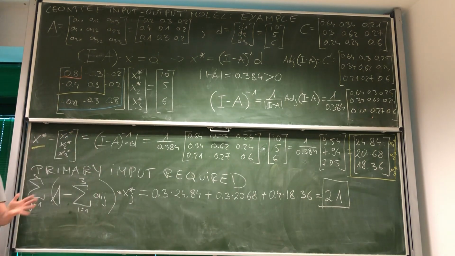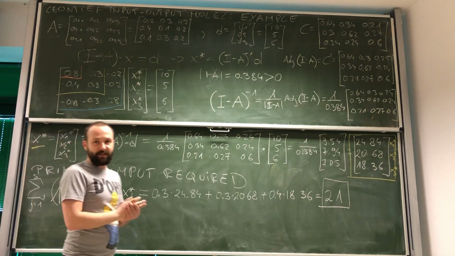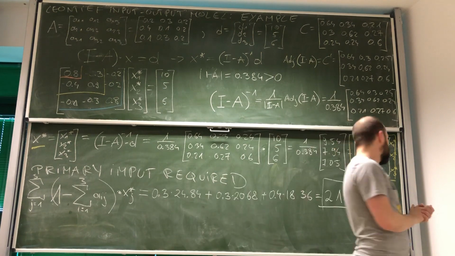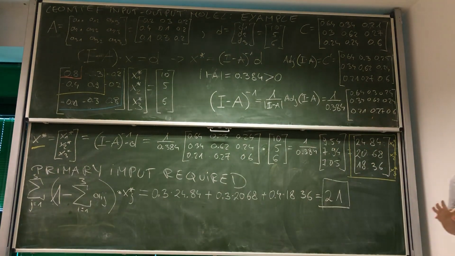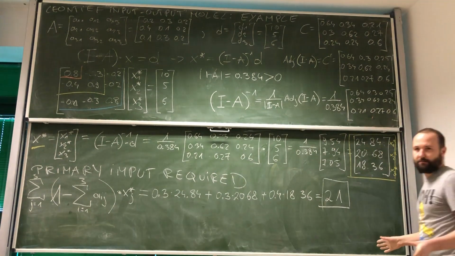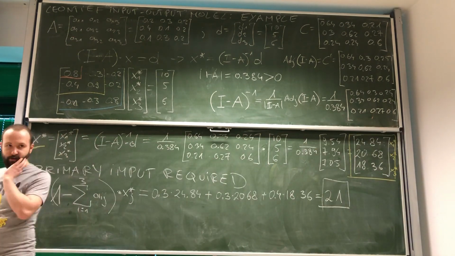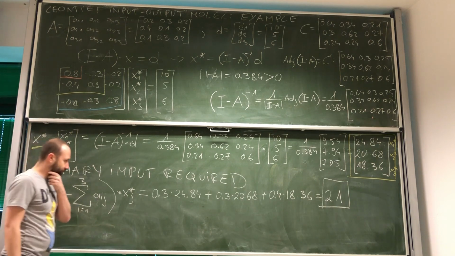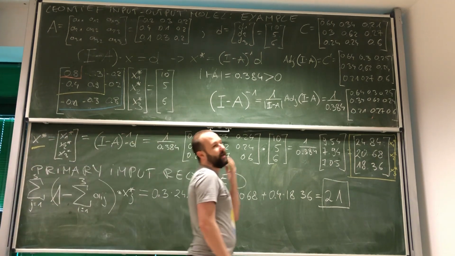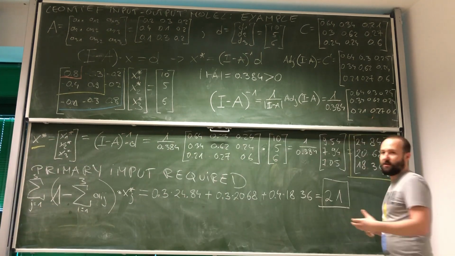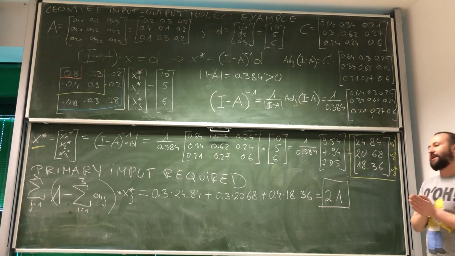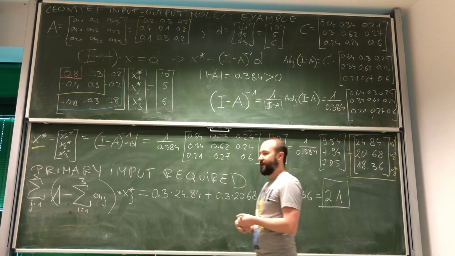Okay, so that's it for this week. We actually finished static at this moment. I've introduced to you 3 types of models over these 2 classes. During the next week, we're going to start comparative static.